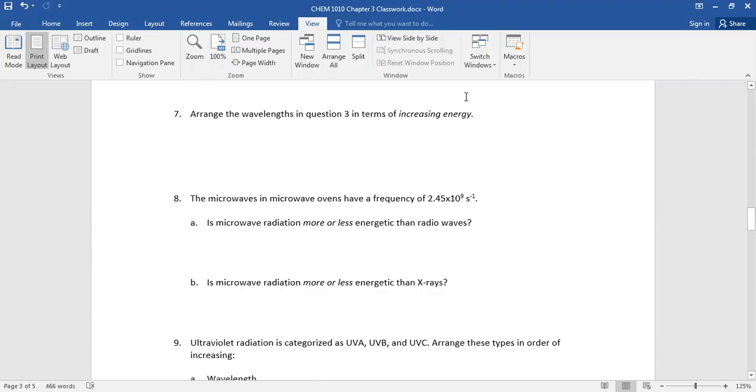And so we said that there's an inverse proportional relationship between wavelength and frequency. The higher the wavelength, or the longer the wavelength, the smaller the frequency. However, energy has a directly proportional relationship with frequency.